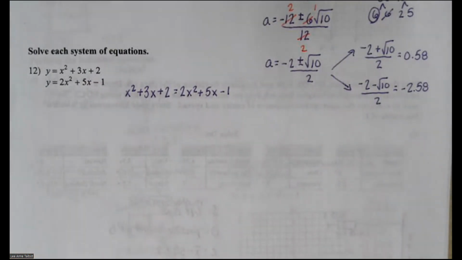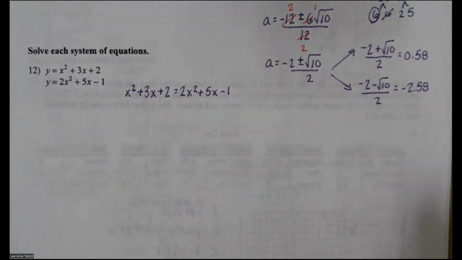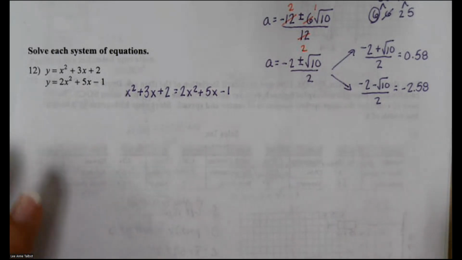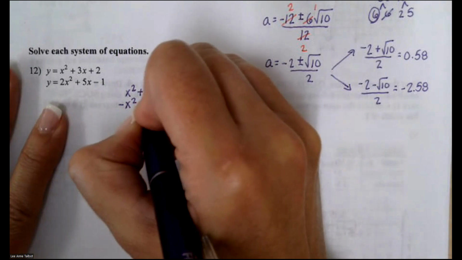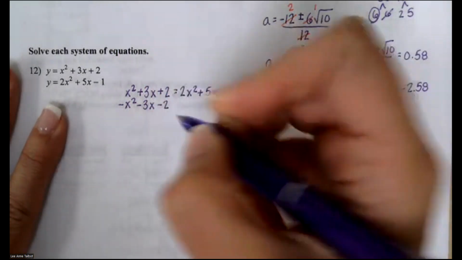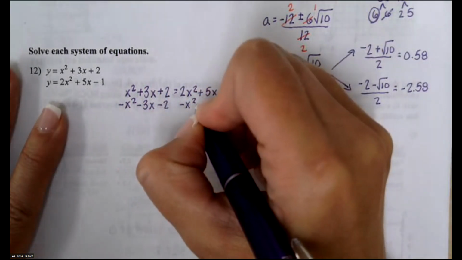Okay, solving system. They both equal y, so they equal each other. Now I'm going to get it equal to 0. Anybody know why I chose this side to undo?